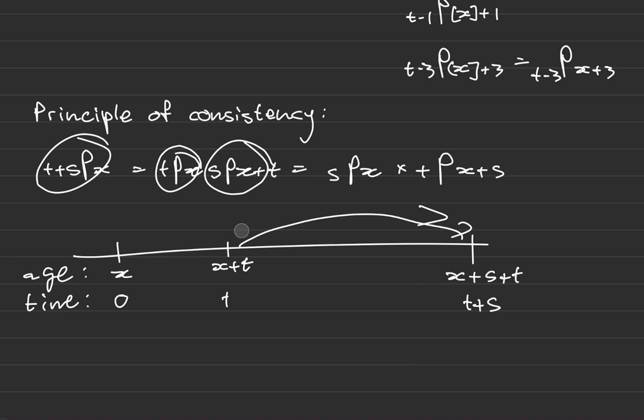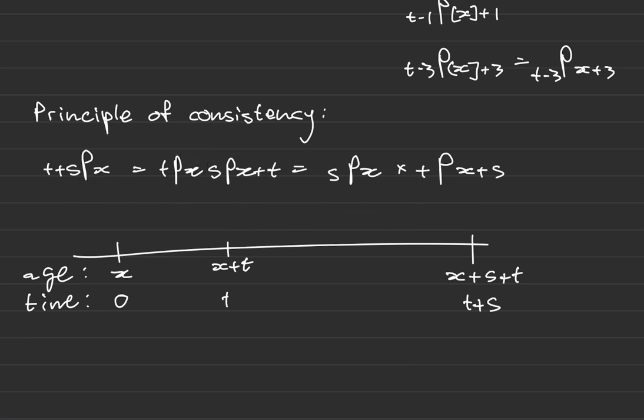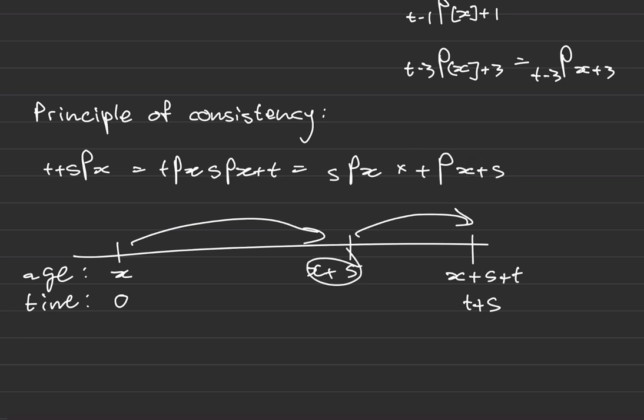And this can similarly be described with this. So now instead of doing t years first, we first do s years. So the person survives until age x+s, and then from there survives from age x+s to age x+s+t, which is an extra t years from time s. Okay, so that's the principle of consistency.